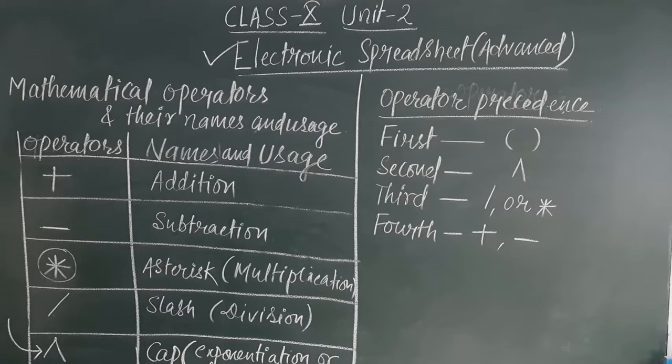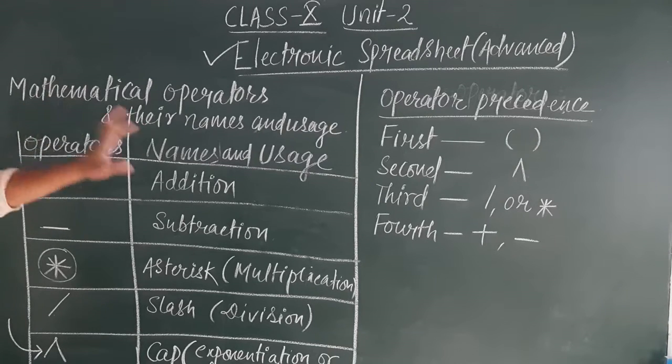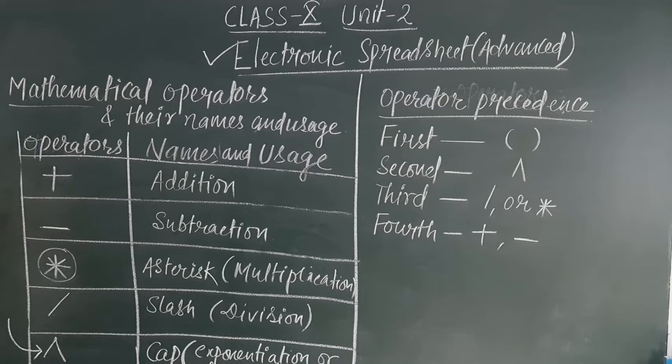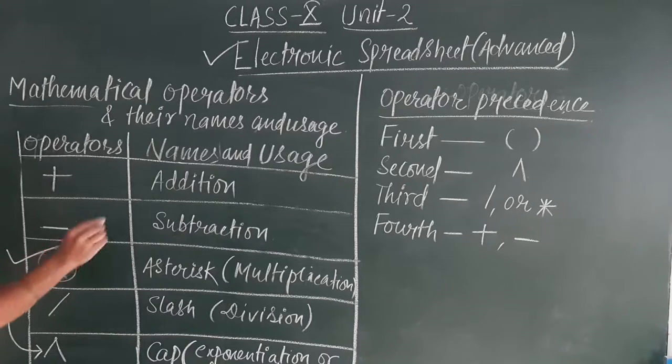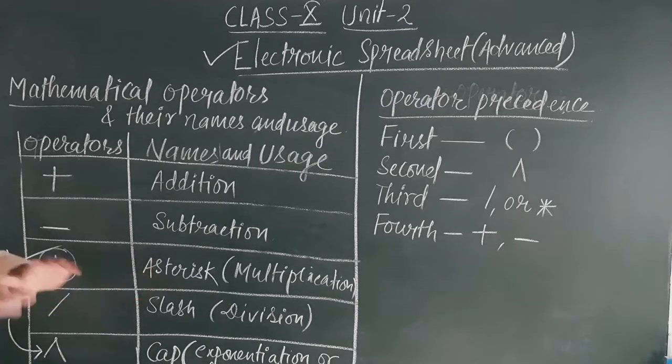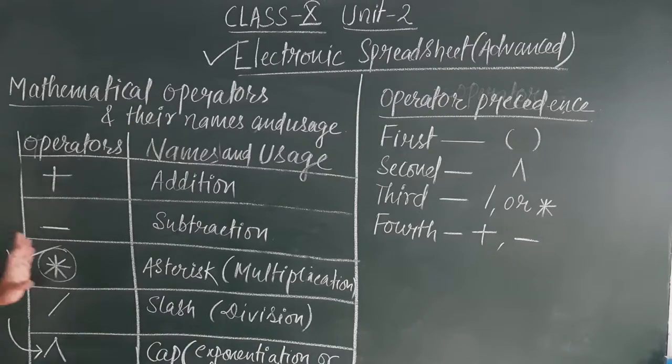So these are a certain set of mathematical operators, and they will only be applicable whenever we are utilizing any formulas or functions in Excel. Now these are the various operators. Remember these two names are very important. This one is star. Star is also called asterisk. Asterisk means complete, whole, total. Fine. And this is cap.